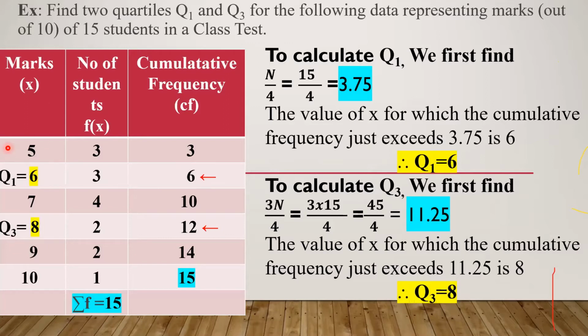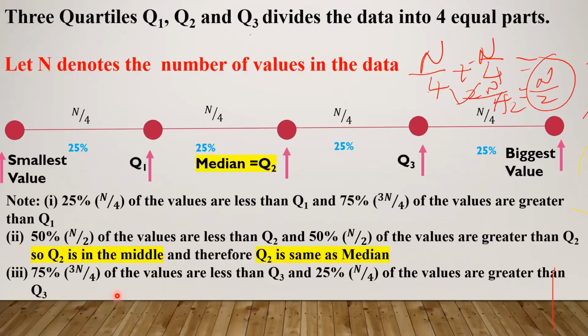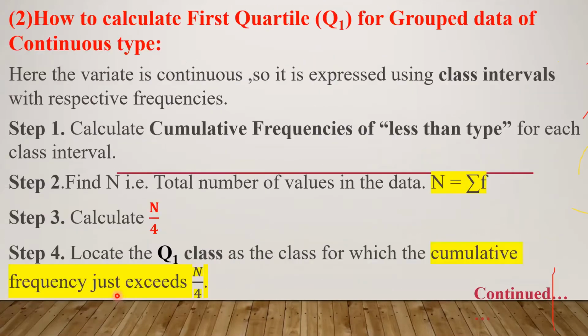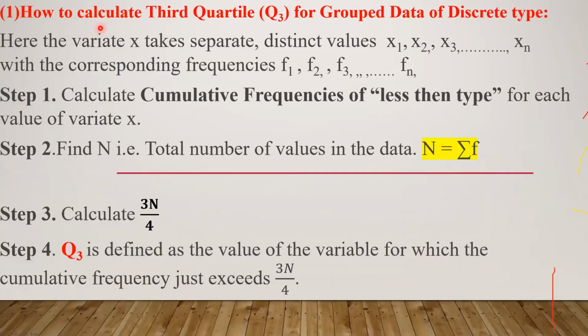Okay. Now to calculate Q3, the first and second steps are the same. The cumulative frequency we have already done. Then n. Look at the steps. See here, how to calculate the third quartile Q3 for grouped data of discrete type. So the first step is the same, cumulative frequency, which we have already done.